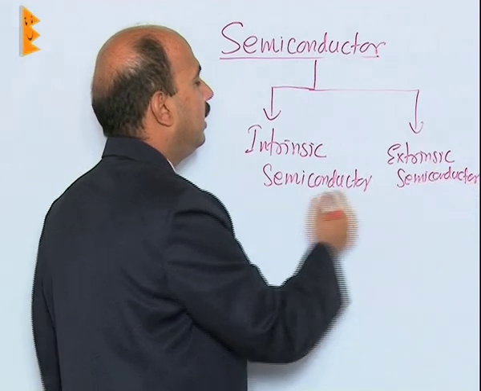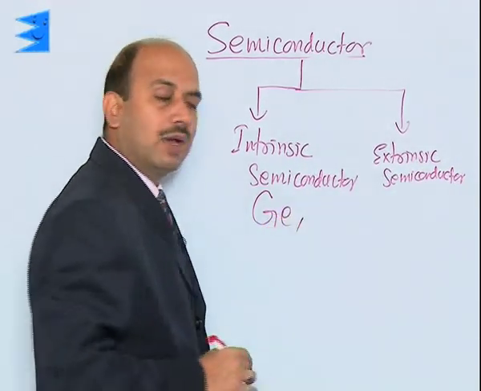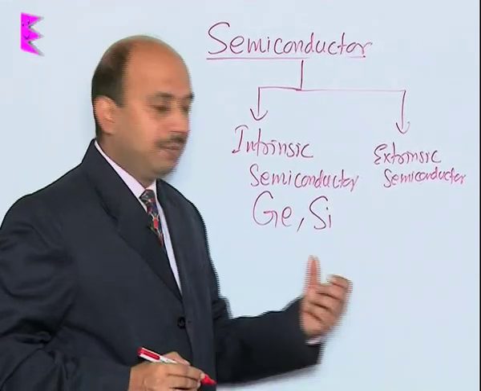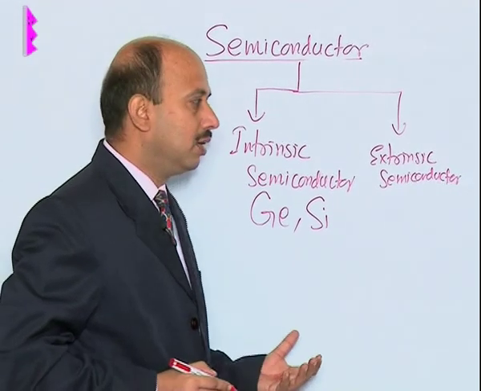Now see, in intrinsic semiconductors, examples are elemental germanium or silicon. Germanium and silicon are taken as intrinsic semiconductors, and these are called pure semiconductors.